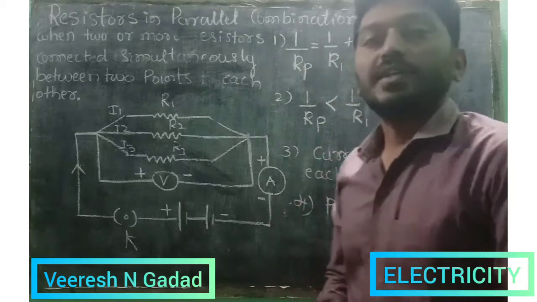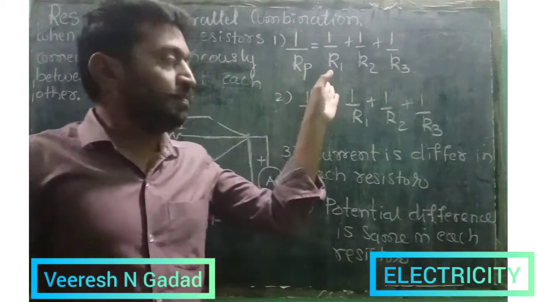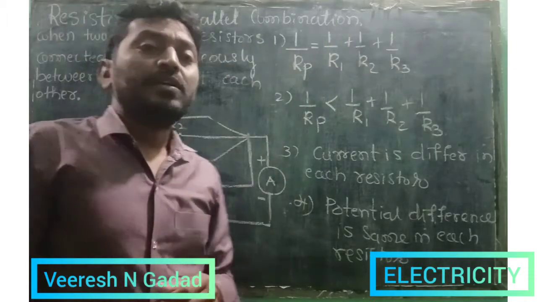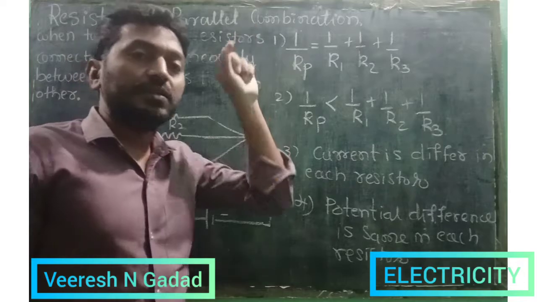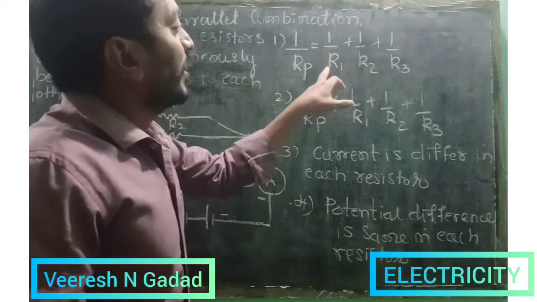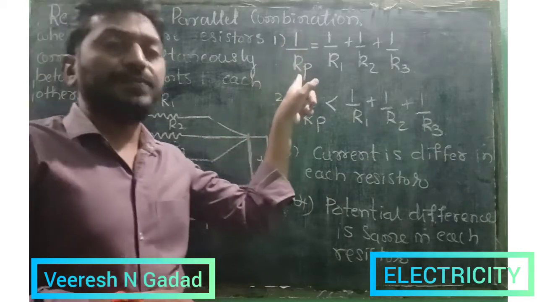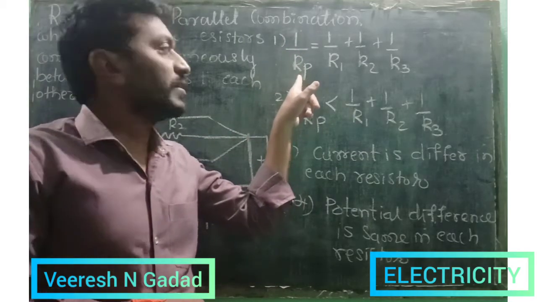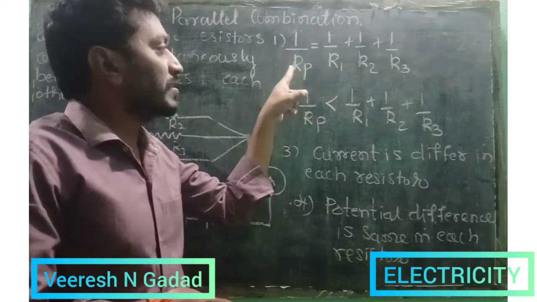Dear students, now we are going to study some important points regarding the parallel combination. Look here, the first one: the reciprocal of the equivalent resistance. Here RP means resistance in parallel.